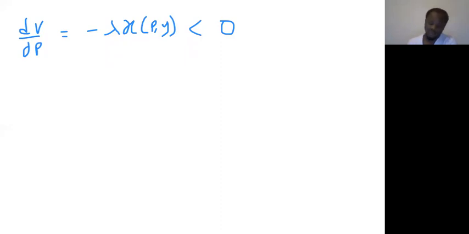So let's look at our indirect utility function again. We had v, which was a function of p and y, equal to y into brackets p1 r plus p2 r, to the power of minus 1 over r.